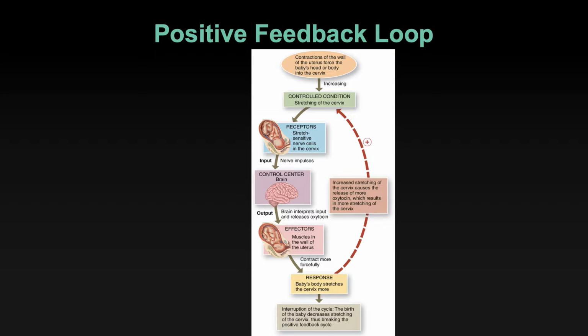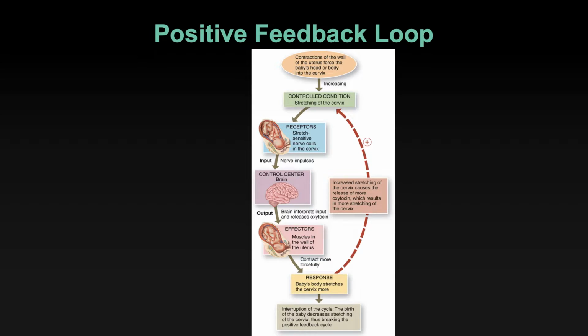Magnifying the signal is not normally something that we want to do. If we're outside of our ideal range, we don't want to go more outside of our ideal range. Yet positive feedback loops achieve just that. And it's in very special situations where it occurs. Pregnancy is one such situation.